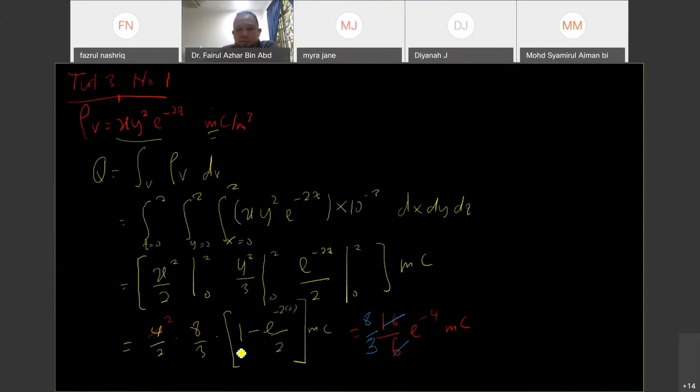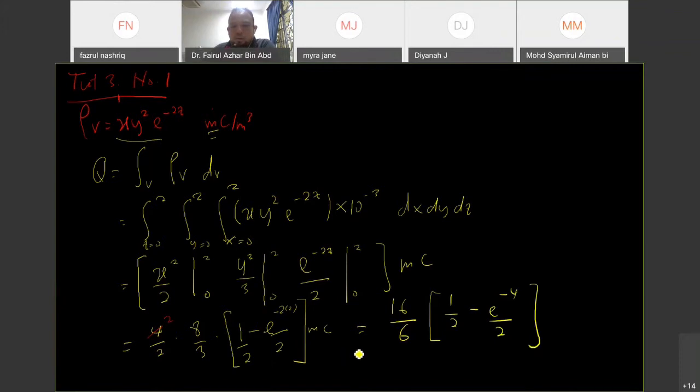That gives 16 divided by 6, minus e to the power of 4 divided by something. Once we solve this, we get the answer. So how many millicoulomb?